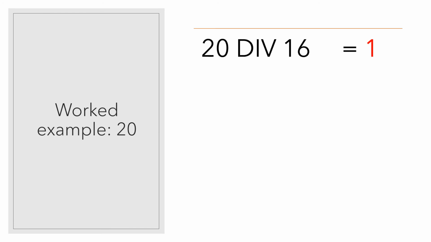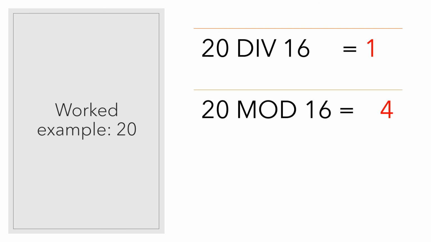So the number 20, if we wanted to convert the decimal number 20 into hexadecimal, 20 divided by 16 is 1, remainder 4. Put those together and you get 14. Notice we're not adding them, we're concatenating them, 1 and then 4. So the answer is 1, 4.